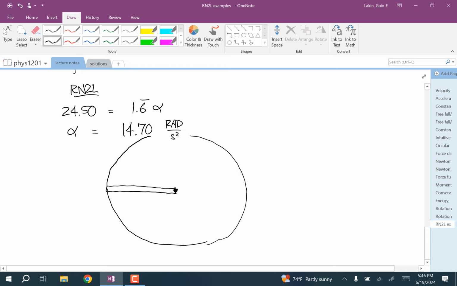The angular velocity and angular acceleration are both counterclockwise in this case. So omega and alpha are both this way. And that means that the velocity is this. And the tangential acceleration is in the same direction. And then the centripetal acceleration is always towards the center.